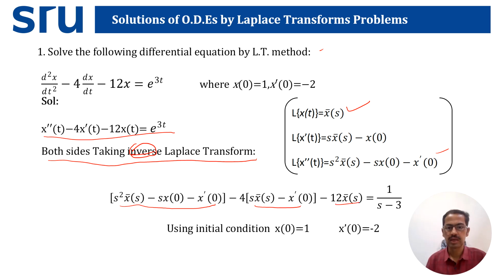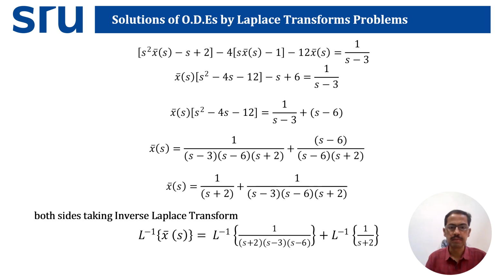The Laplace transform of x of t is x bar of s; x dash t is this, x double dash t is this. Just substitute, and apply the initial conditions x of 0 is 1 and x dash 0 is minus 2.